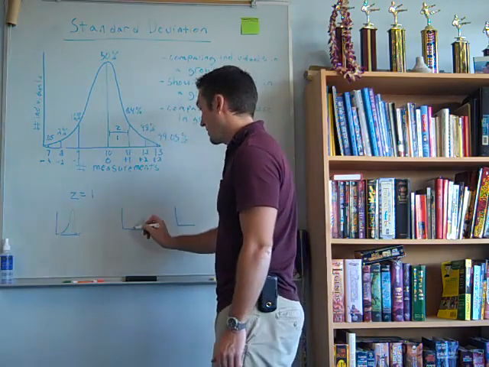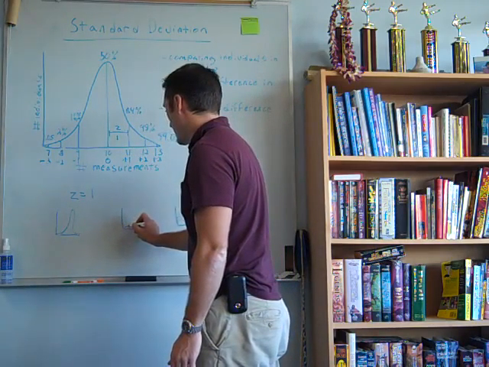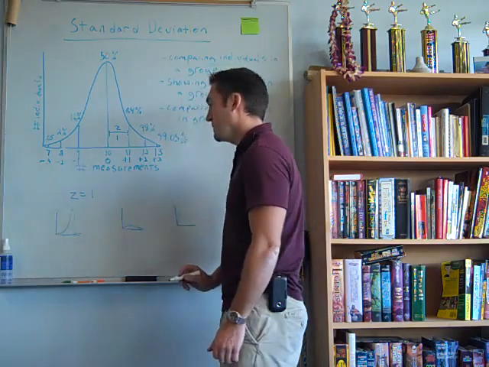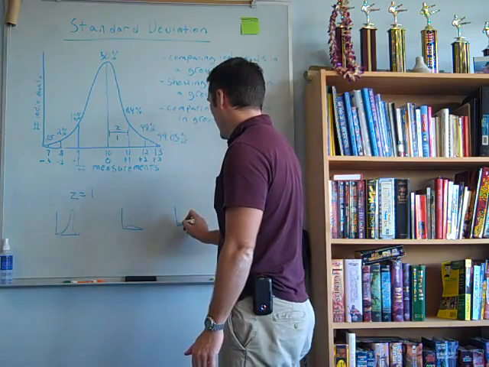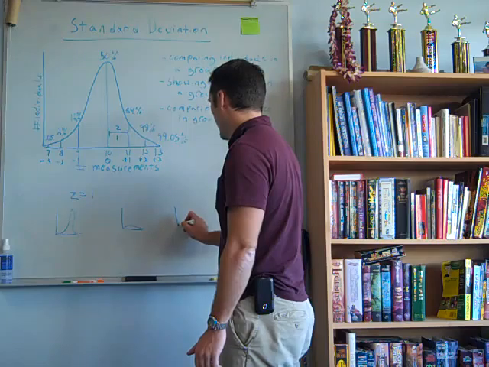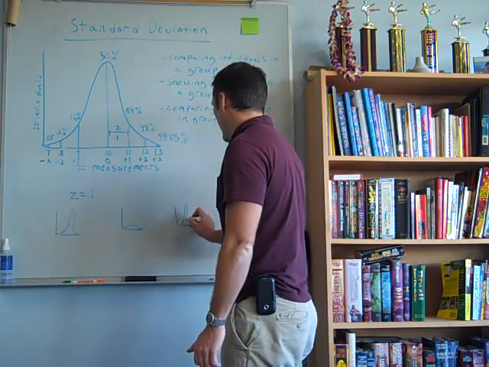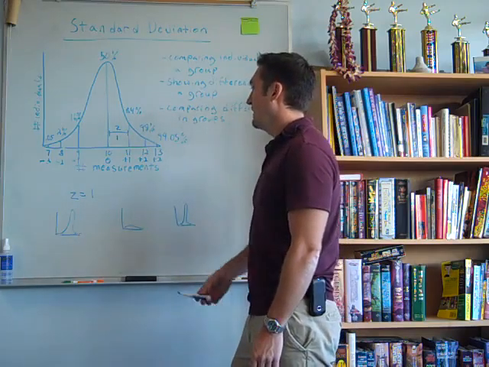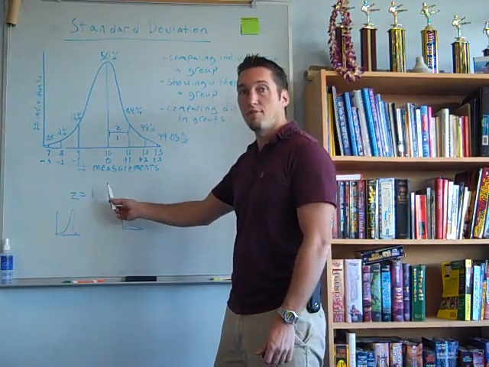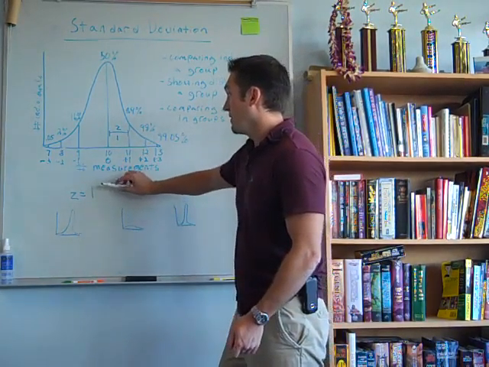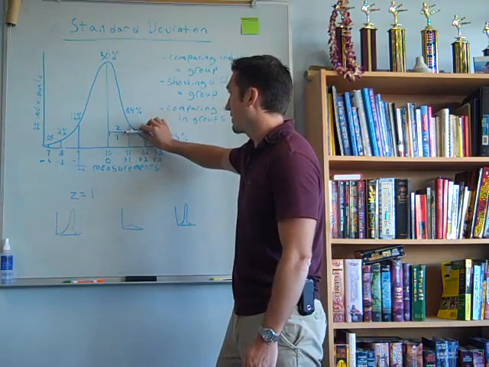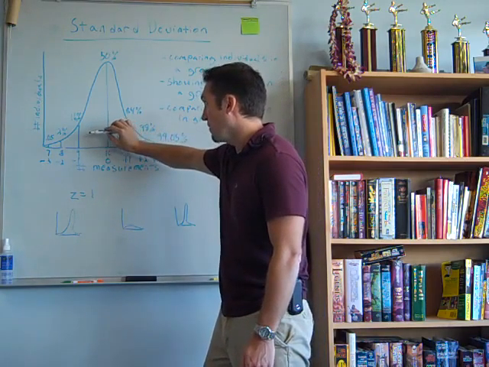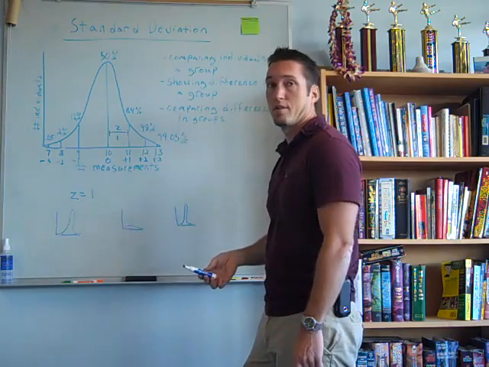That would be a kind of bell curve. That would be a kind of bell curve. And that would be a kind of bell curve. Each one of these is going to have different standard deviations, and this number right here is going to tell us how different the populations are.